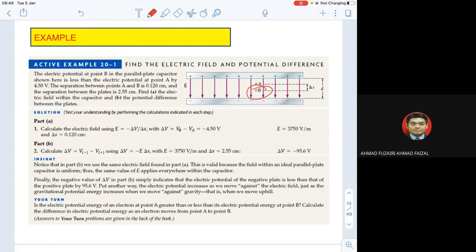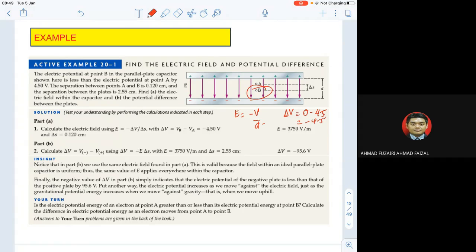We know it still moves from the positive plate to the negative plate. So we can say that E is equivalent to negative delta V per D. Delta V is what? It is negative 4.5, so it becomes negative 4.5 volts.